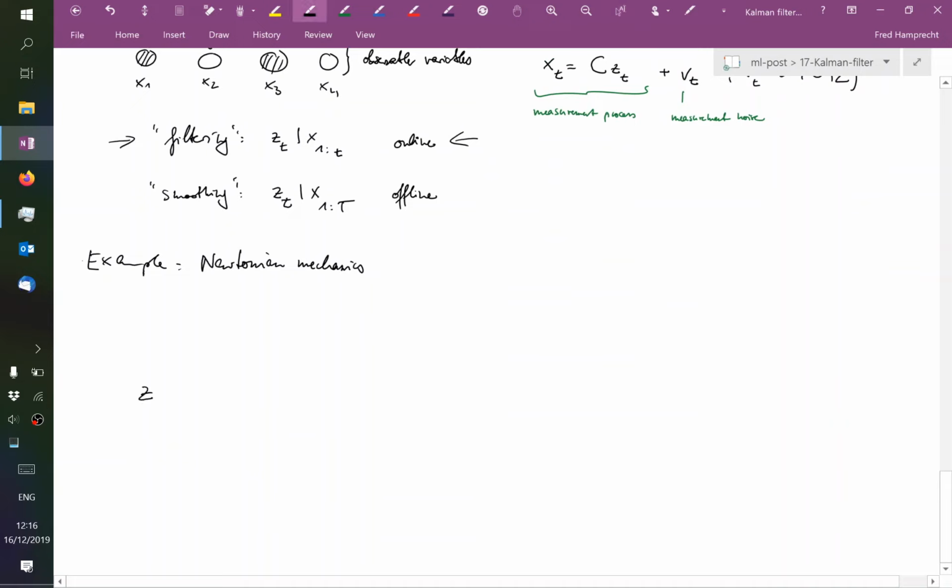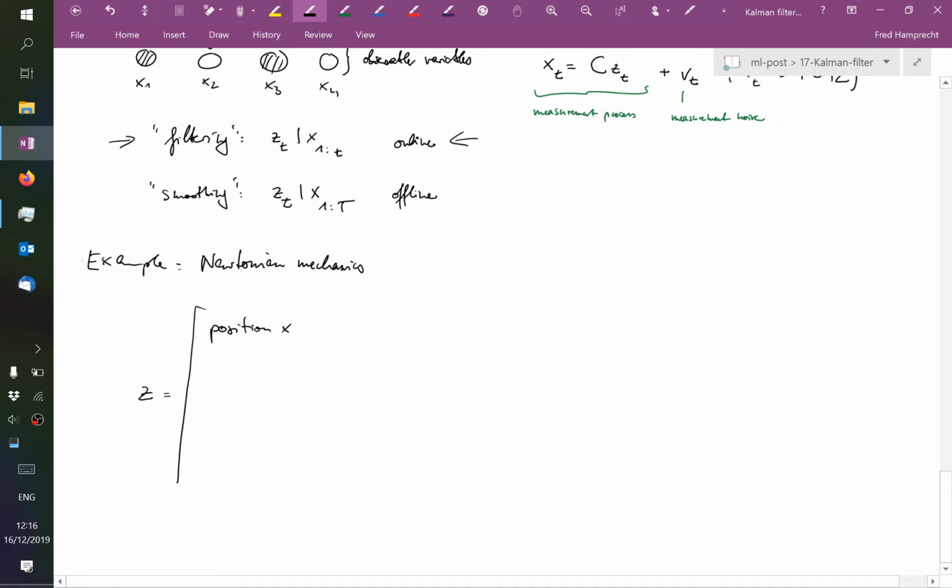We need to define our hidden state. And I will here assume that we live in a 2D world, not in a 3D world, just to save me from writing so many components. And I'm going to say that for sure we will be interested in the location of our object of interest.